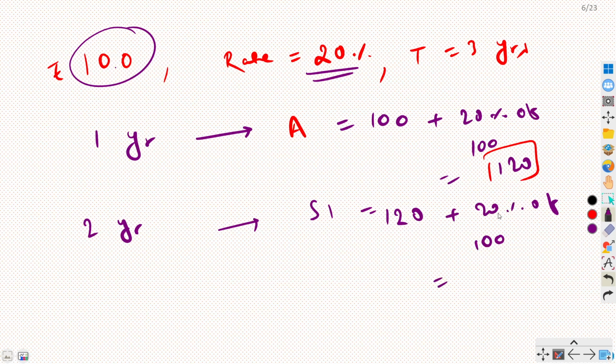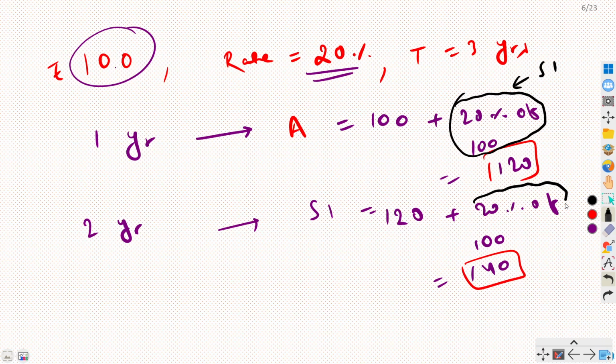So this would be 120 plus 20, 140. Now notice here, this thing is not changing, this portion. And what is this? This is the simple interest. Okay. So 20% of 100, again 20% of 100. And what is 20% of 100? 20 rupees. So same interest is there.